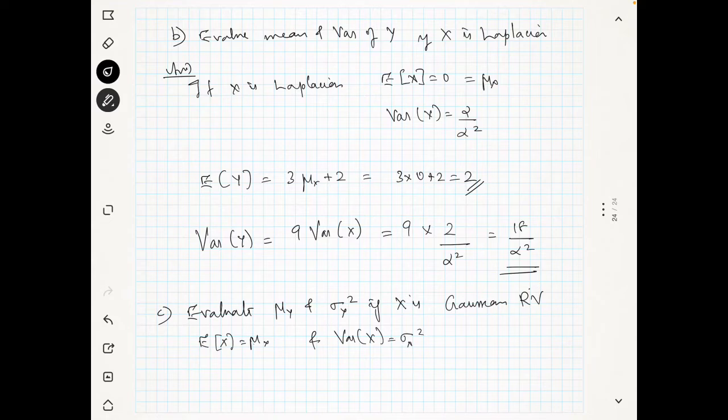Let's say the mean is m and the variance is sigma. Then the expected value of y is equal to 3 into m plus 2, that's it, and the variance of y will be equal to 9 into the variance of x. Okay, that's it. So this is the case of some arbitrary Gaussian random variable. This m can be any value according to the nature of this distribution. From the PDF it is directly obtained.